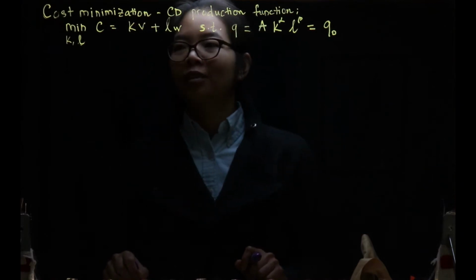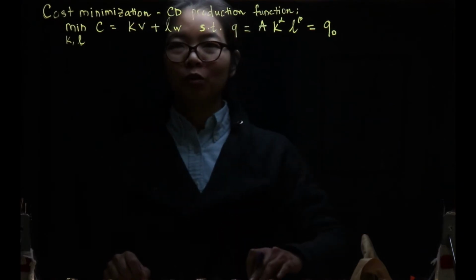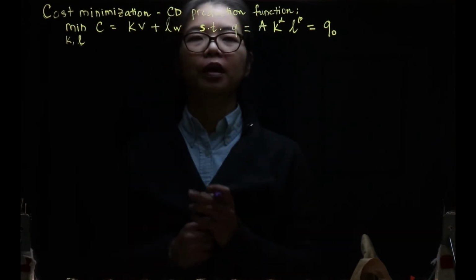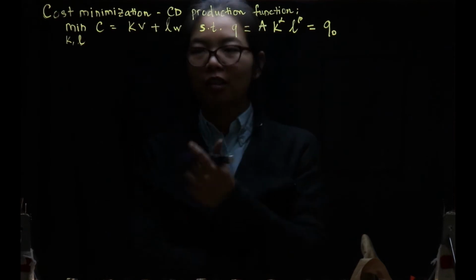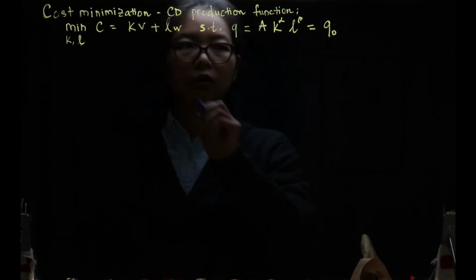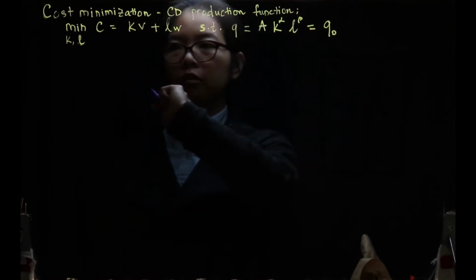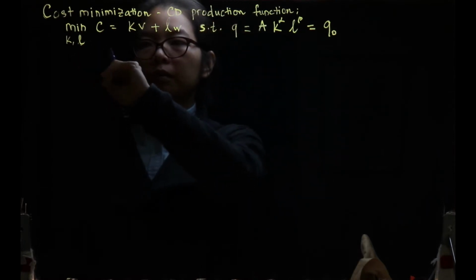Okay, so let's do an example of cost minimization for the Cobb-Douglas production function, the one that we've been working on for a while now. So I wrote down the cost minimization problem.